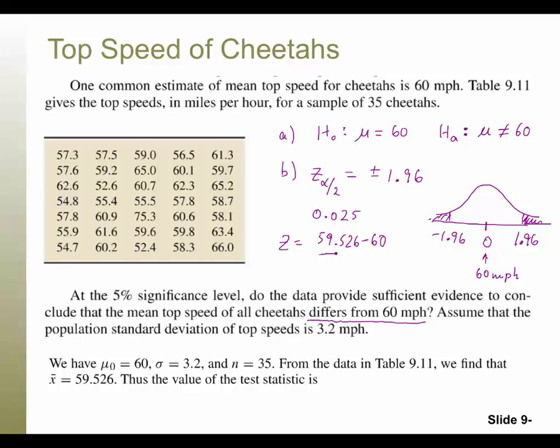But then we need to standardize that and get it into a value we can compare with z-scores. So we divide by 3.2, normalizing for the size of our sample. And you should have gotten negative 0.88. So we'll just round to negative 0.88.